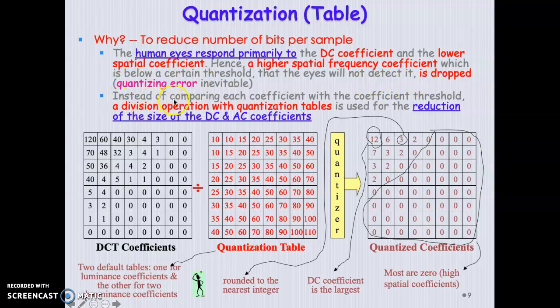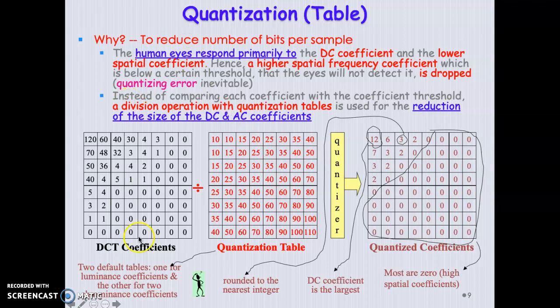So instead of comparing each coefficient with the coefficient threshold, a division operation with a quantization table is used to reduce the size of the DC and AC coefficients. Quantization means you will reduce the large range to a smaller range.